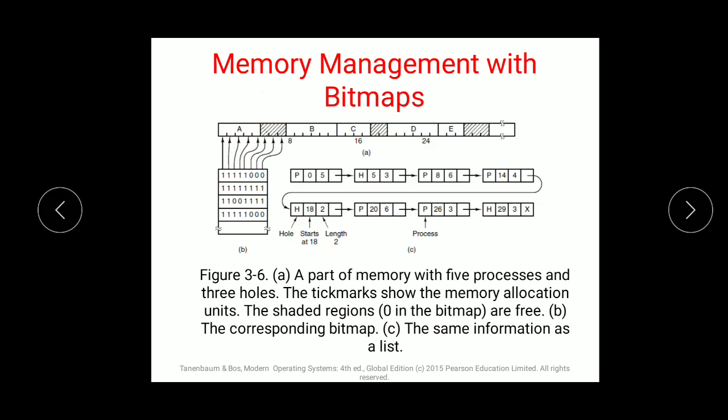A 0 in the bitmap is free, so all these shaded regions are free. But until you get the same allocation size, you cannot use that, and that is the reason this can be a disadvantage as well.